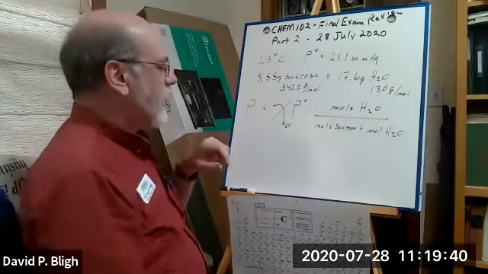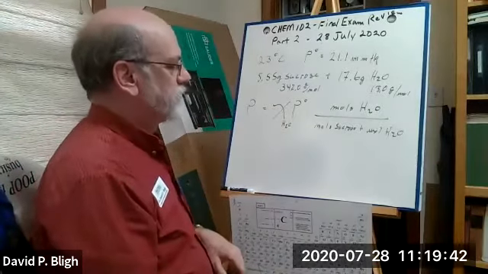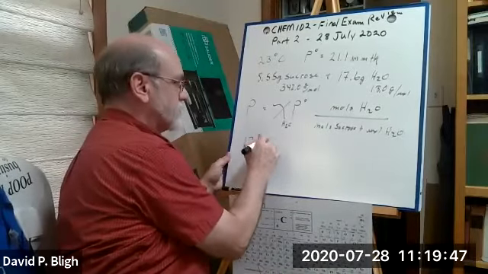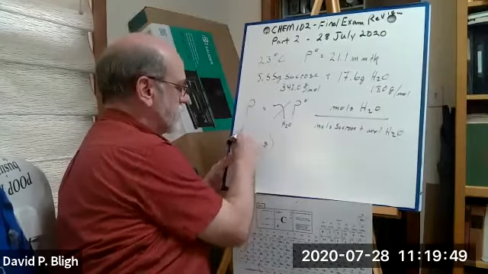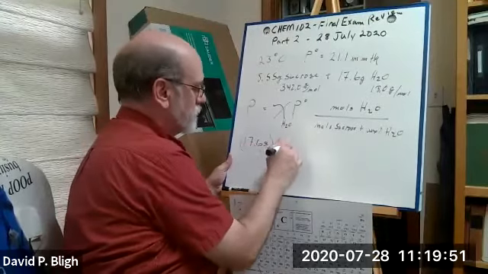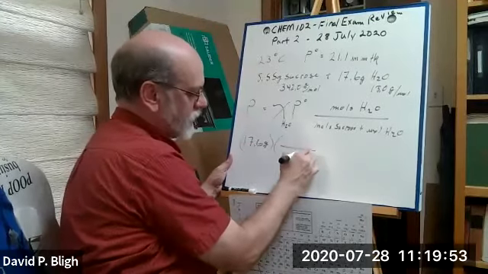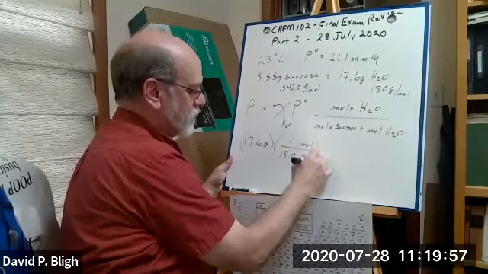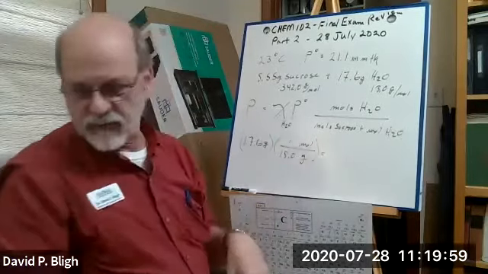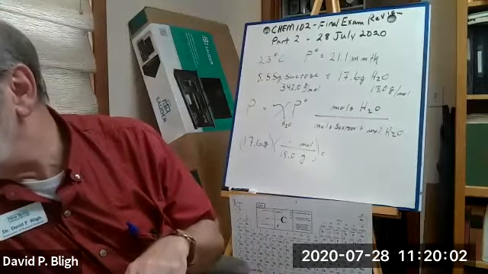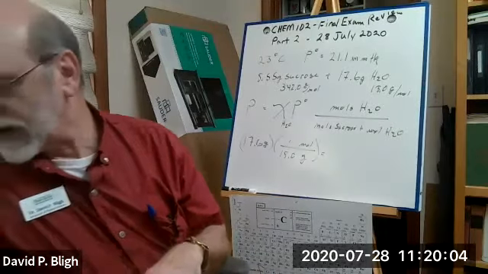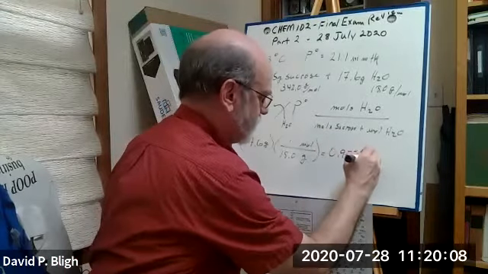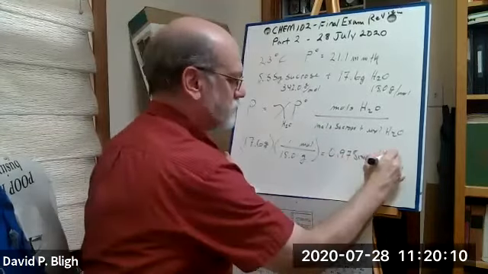All right, so how many moles of water do we have? Well, we've got to change 17.6 grams into moles. So we've got to convert grams to moles. That's 18 and 1 here. So 18 into 17.6 is 0.978. That's water.